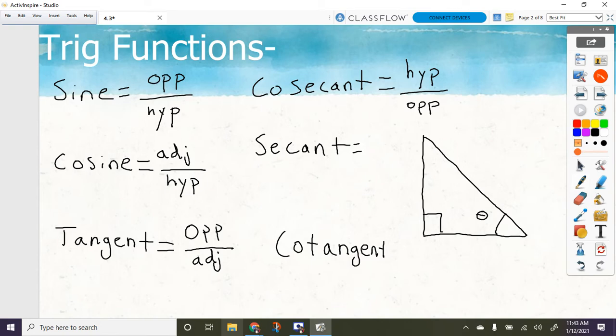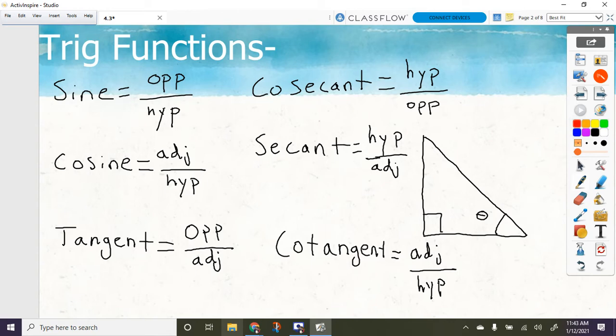And then if secant is the reciprocal of cosine, what is it going to be? Hypotenuse over adjacent. And then lastly, cotangent is the reciprocal of tangent, so we get adjacent over hypotenuse.